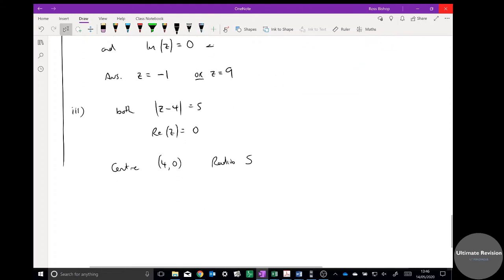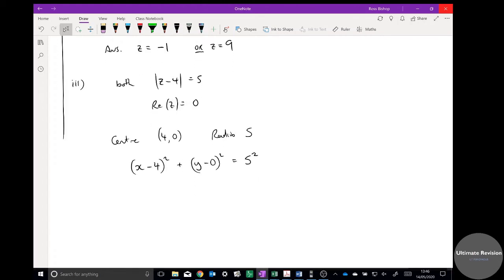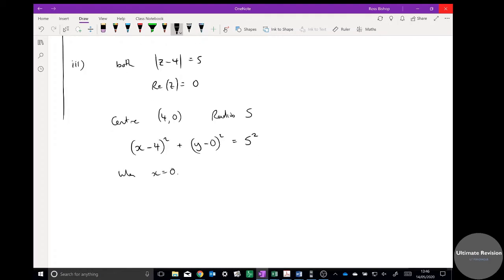So I know straight away the Cartesian equation is x minus 4 squared plus y minus 0 squared equals 5 squared. If the real part is 0, that means that x is 0. So when x equals 0, we end up with 16, because minus 4 squared, plus y squared equals 25.